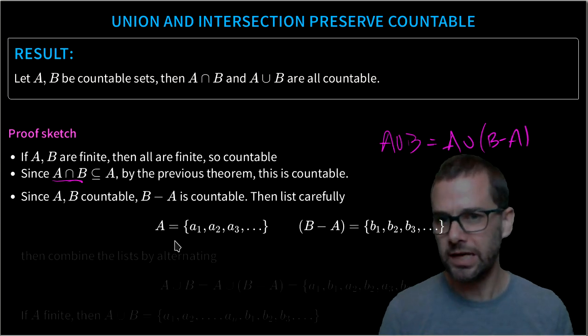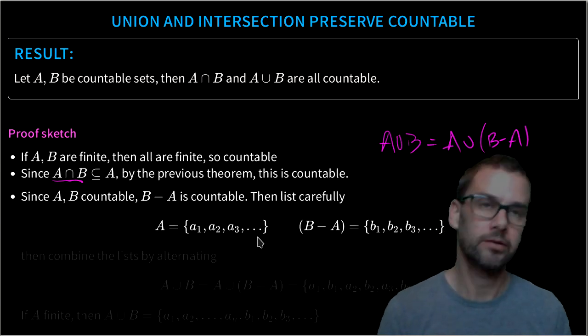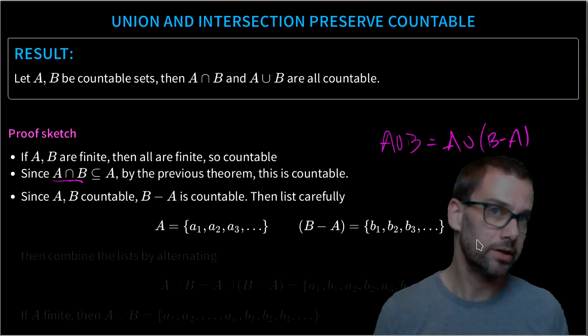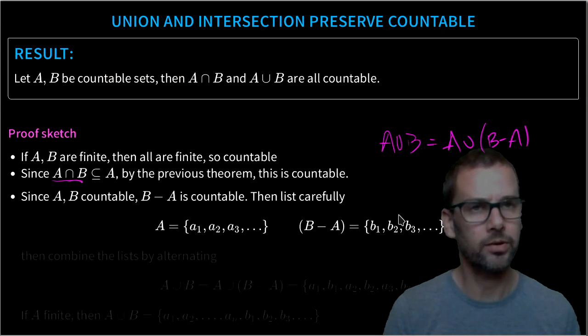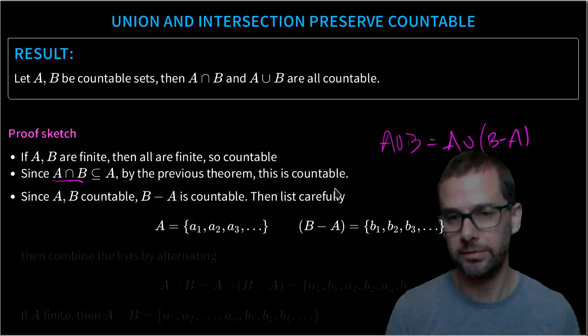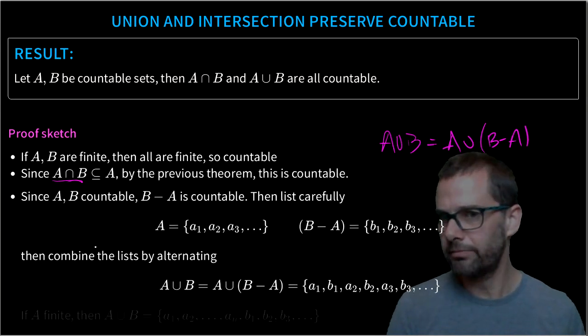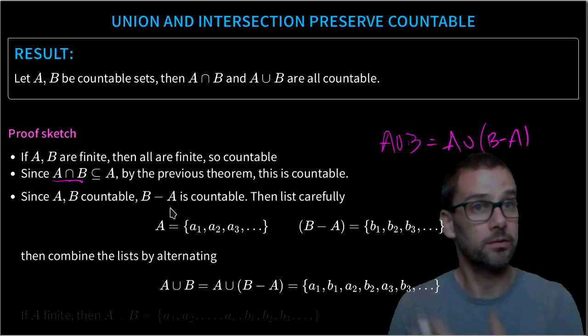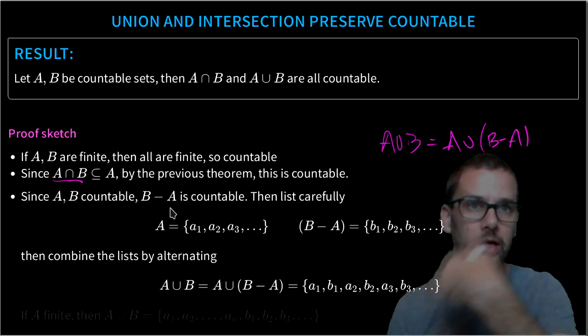And so we can list out the elements of A as A1, A2, A3, and so forth. I can list out the elements of B minus A as B1, B2, B3, and so forth, because these are both countable sets. And then I can just combine the sets by alternating. This is reminiscent of what we did with Z, where we went negative thing, positive thing, negative thing, positive thing.